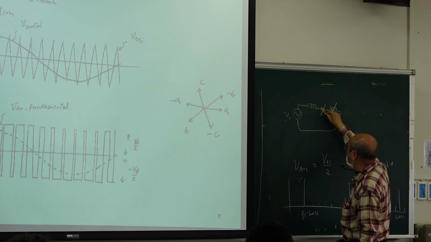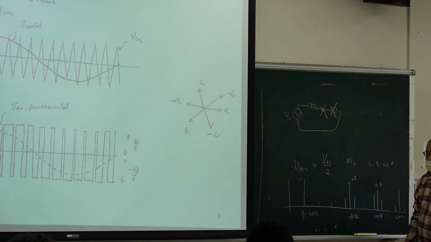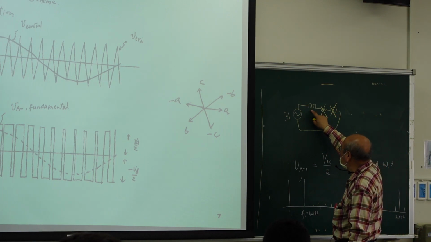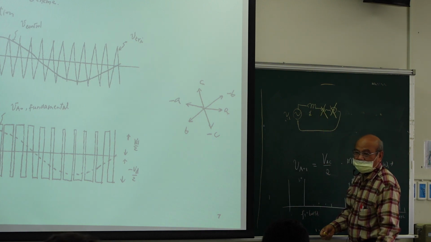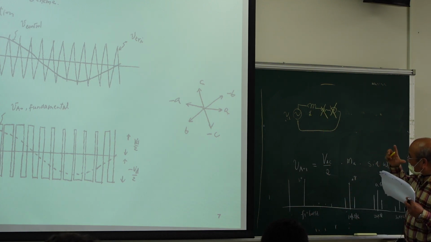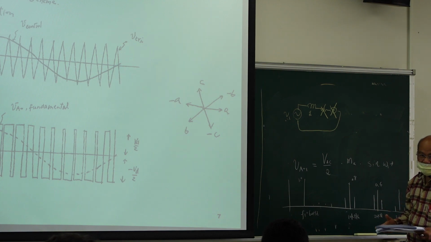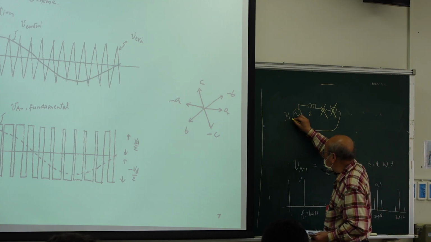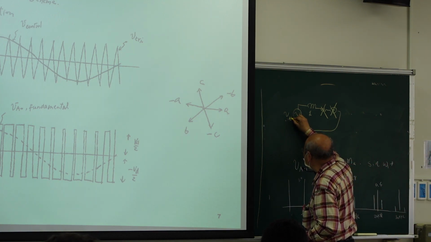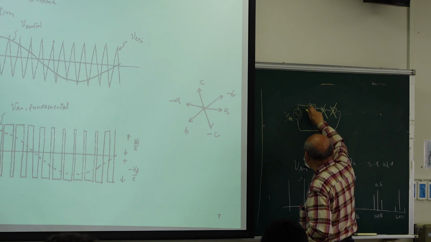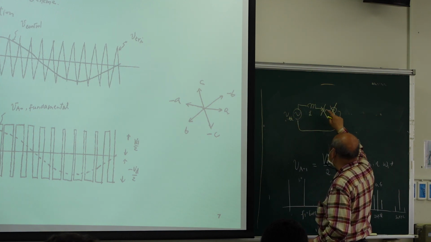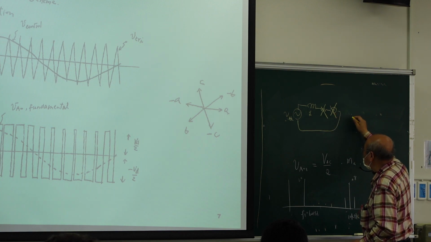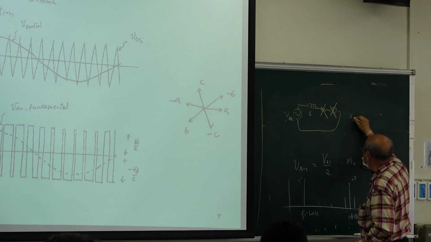Resistance is quite small, so I neglect resistance. I only consider inductance, right? So what is the current harmonics? This is voltage harmonics. Then voltage harmonics go to inductance, resistance, back EMF. So how about my current harmonics?